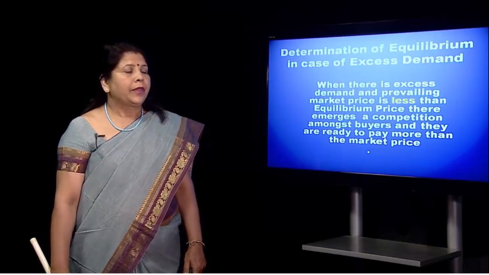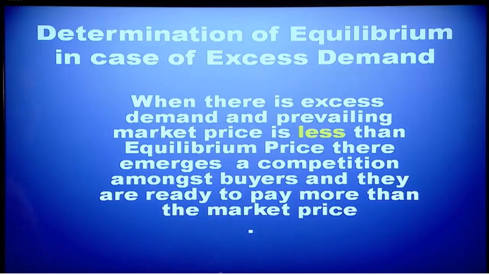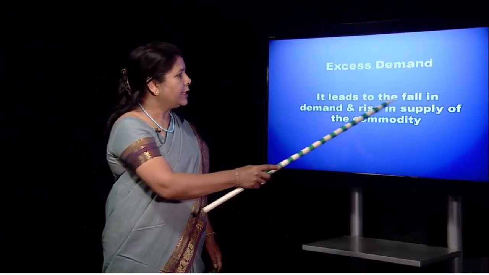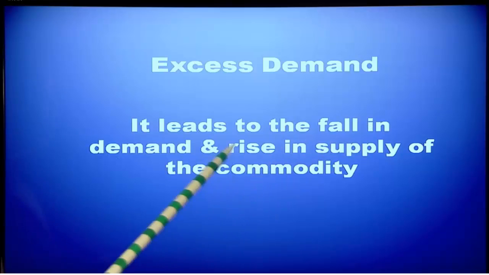Now, in case of excess demand, when there is excess demand and the prevailing market price is less than the equilibrium price, there emerges a competition amongst buyers and they are ready to pay more than the market price. This leads to a fall in demand and rise in supply of the commodity.